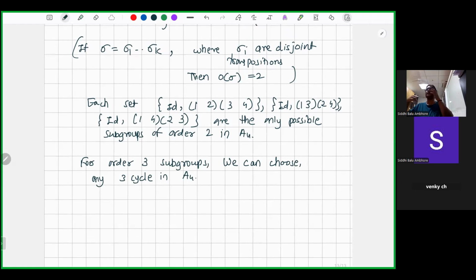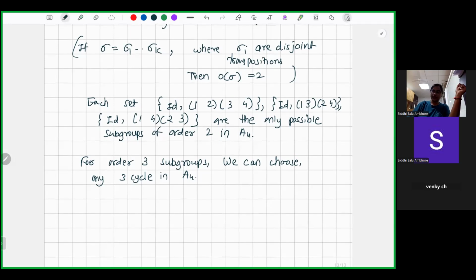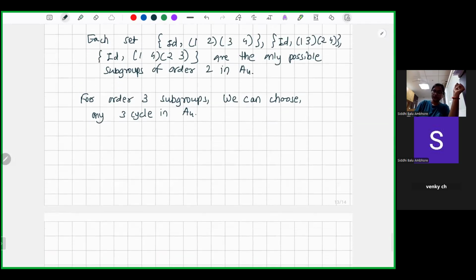We know that 3 cycles generate A4, so we can take any 3 cycle, choose say tau.